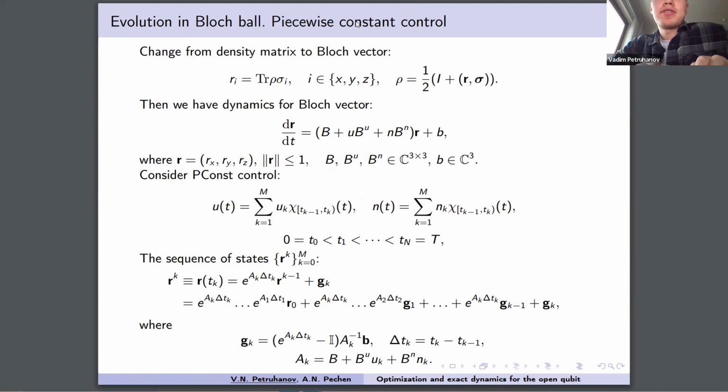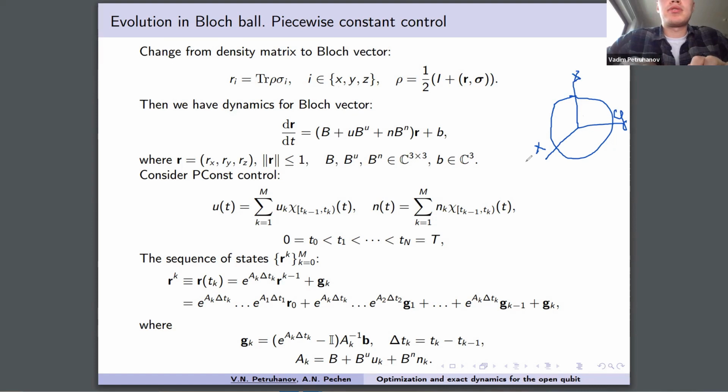I guess everybody knows what the Bloch ball is, but from the space of 2x2 complex density matrices, we go to the ball with radius 1 in R3, and this picture will help us later.